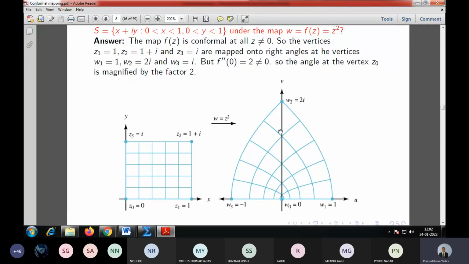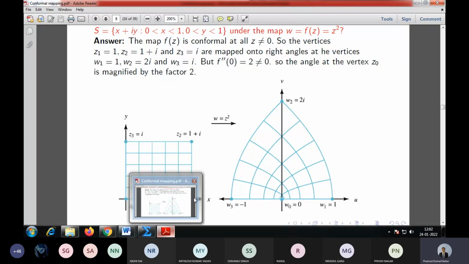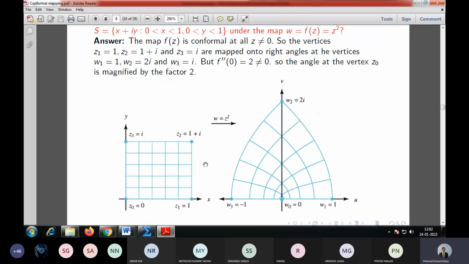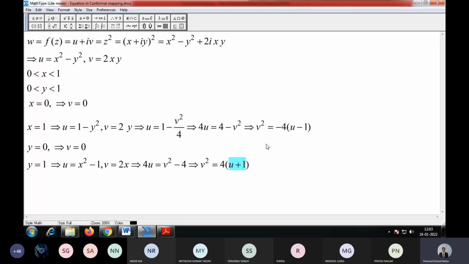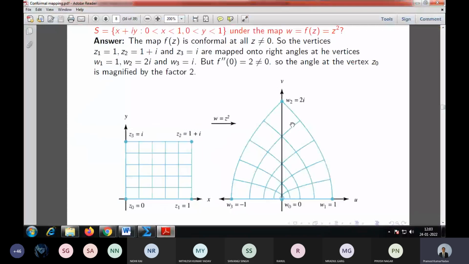Then x equal to 1 and y equal to 1 are transformed into parabolas. So we may sketch the parabolas, and after sketching the parabolas, we may get the image. So these are a few concepts about the transformation of images with the help of conformal mapping.